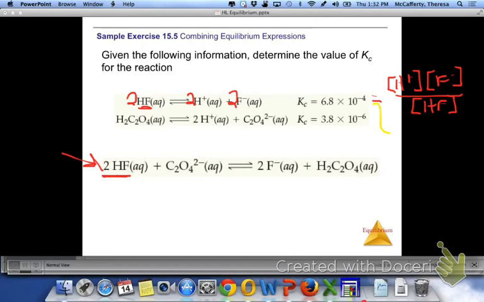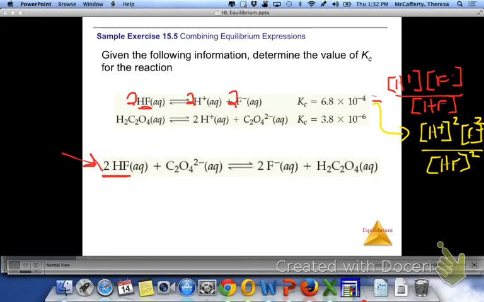So I'm going to now down here write my new Kc for that equation multiplied by 2. Well, I have my hydronium ion squared, my fluoride ion squared, and the activity of HF squared.